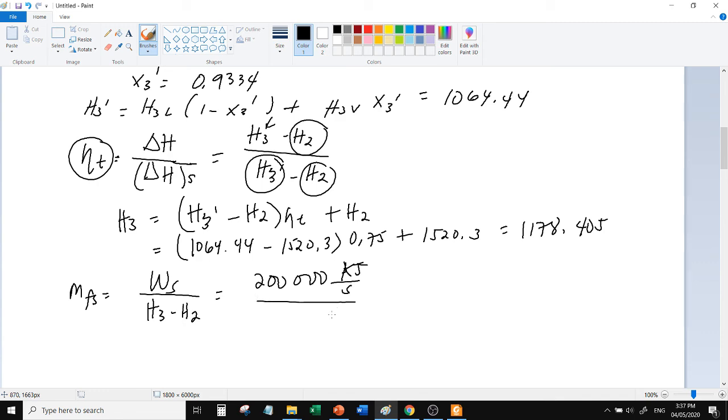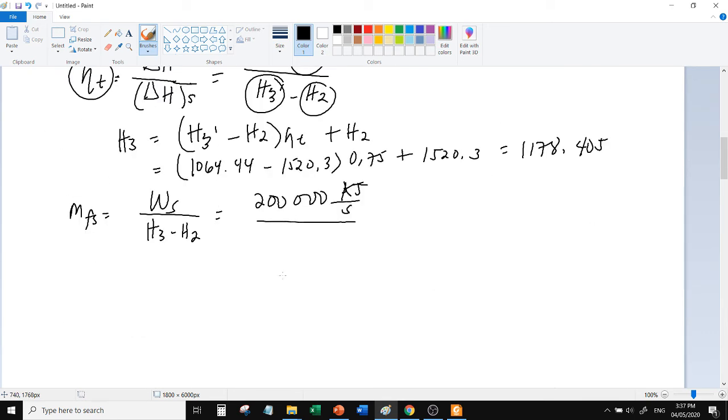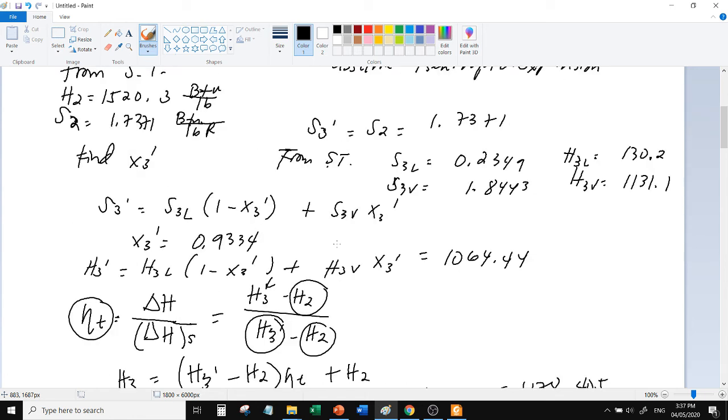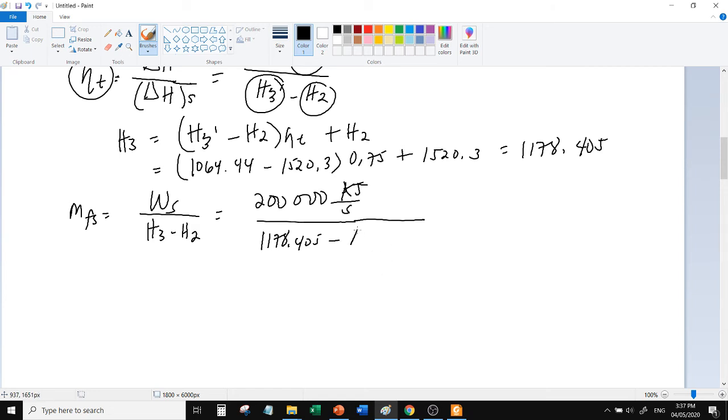So, given yan. Kilowatts is kilojoules per second. Tapos, minus, BTU per pound. 1520.3. Kailangan natin mag-convert.